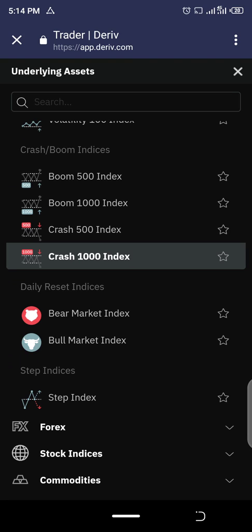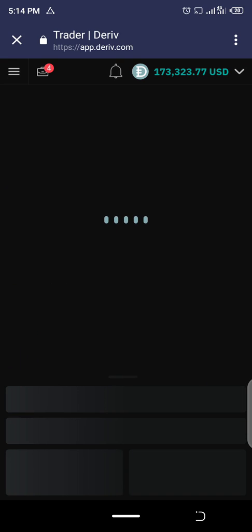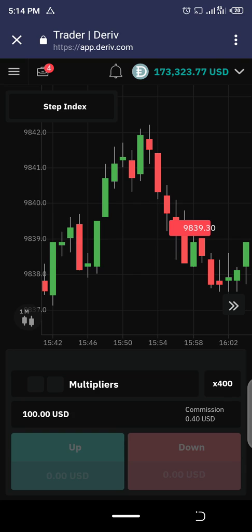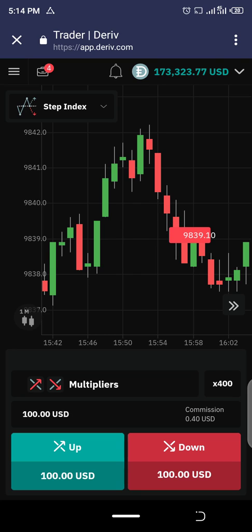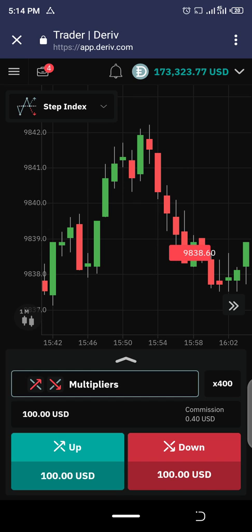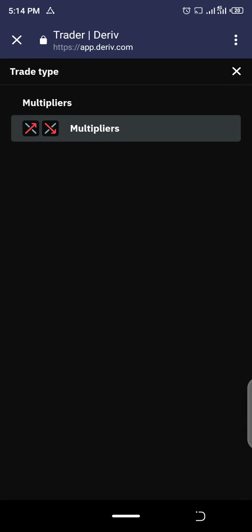And if you notice down below, you can see some markets that are about to be added. That step index that is just added, under the multiplier. Let's see if you can switch option. Okay, it's just within the multiplier.